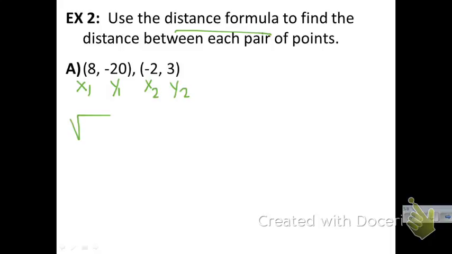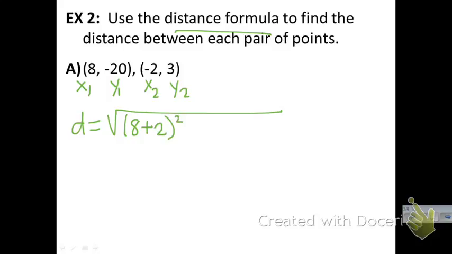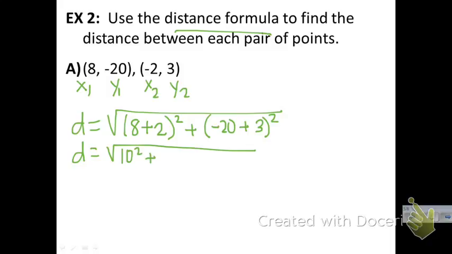So our distance formula says that, let me put d in front, d equals the square root of x1, here it's 8, minus x2, and we have minus a -2, so that becomes plus 2, quantity squared, plus y1, -20, minus y2, 3, squared. So we're going to go ahead and do the math inside the parentheses under the square root. So we have 8 plus 2, which is 10. And -20 minus 3 gives us -23.